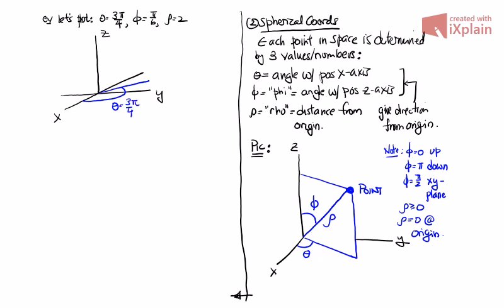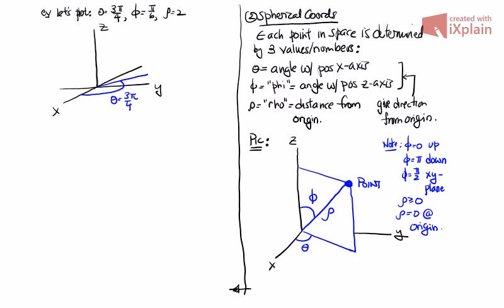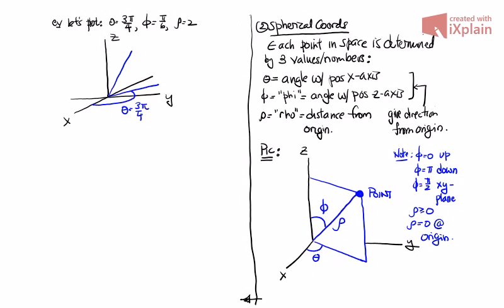Then what you want to imagine is you're at the positive z-axis, and you drop down towards that line by pi over 6. So if you continued there, you would end up towards that angle. You're sort of above that. And then the point that you're at is 2 units out. So there is our phi, there's our theta, and that's our rho in there.